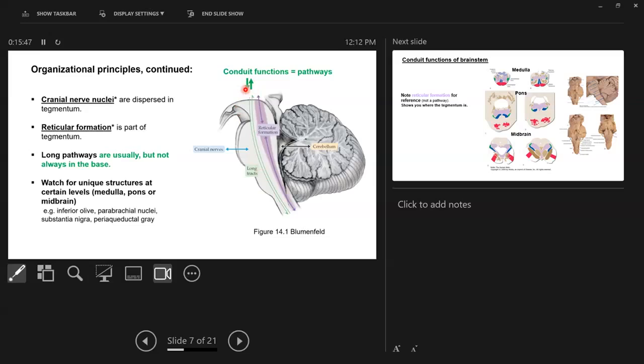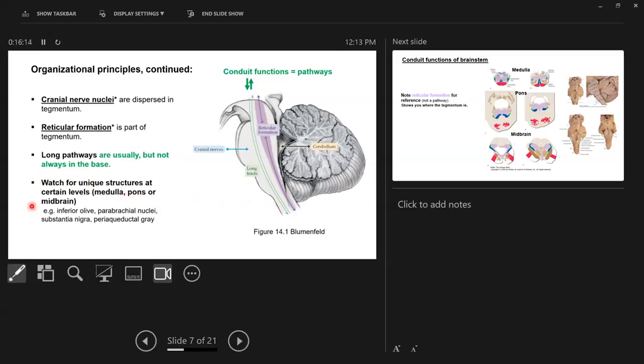Think ascending sensory pathways, spinothalamic, dorsal column, medial lemniscus, or descending ones, such as corticospinal tract. But it could be rubrospinal or reticulospinal, and all the rest. Typically, we focus on corticospinal, and that is very close to the base indeed.